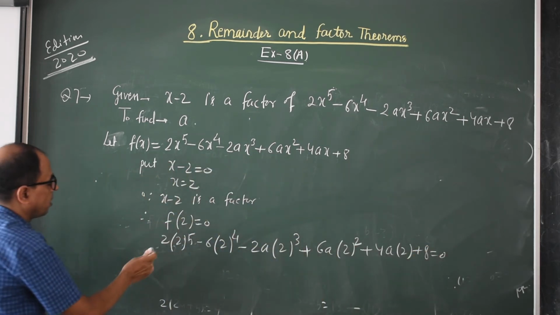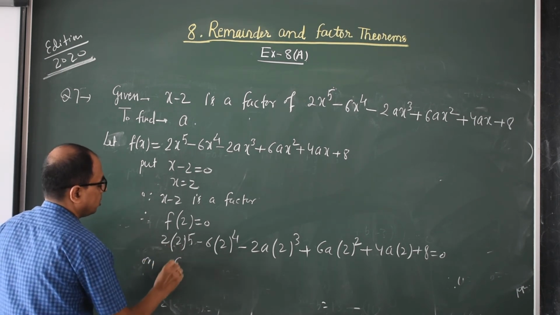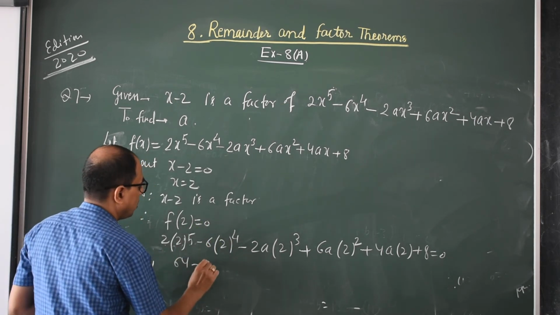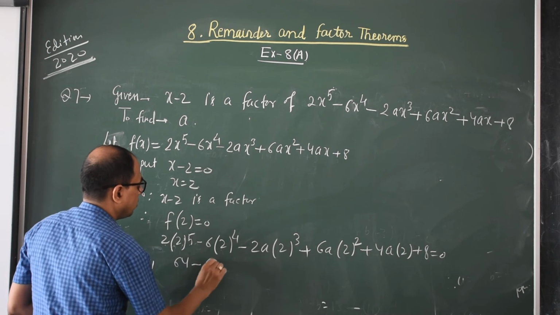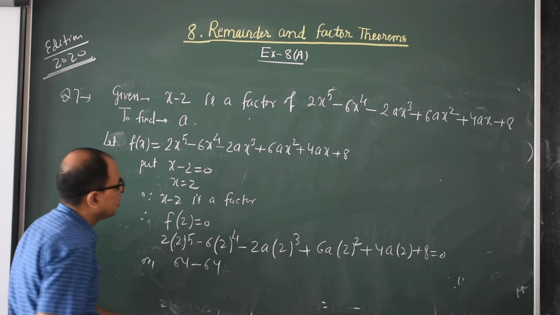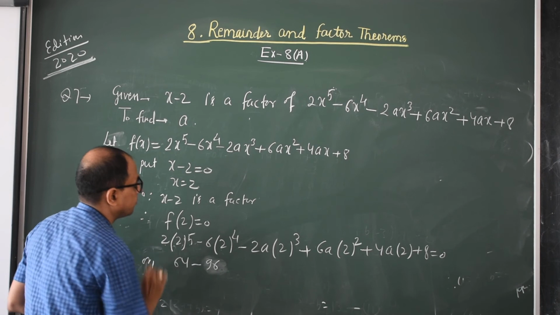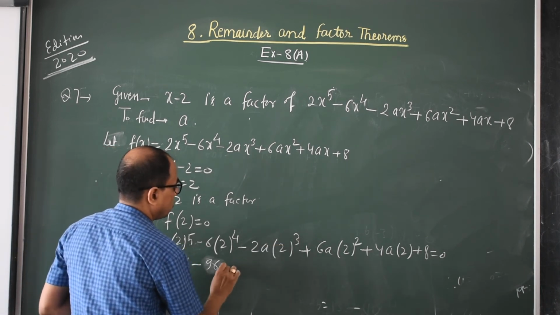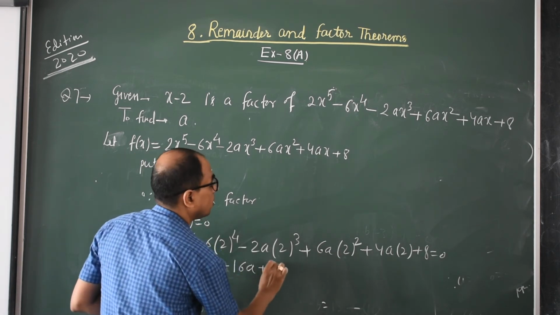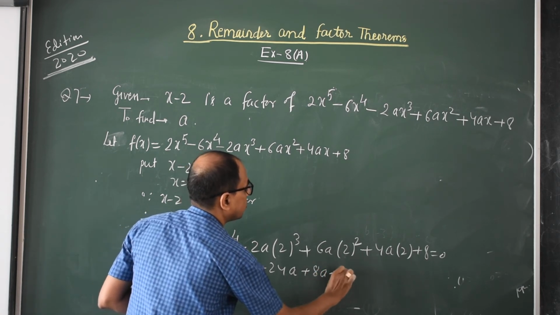Now from here you can find the value of a. So it will be 2 into 32 is 64, minus 6 into 2 to the power 4 which is 16, 16 into 6, it is not 64, it is 96. Now 8 into 2 is minus 16a, then 6a into 4 is 24a, and plus 8a, plus 8 equal to 0.